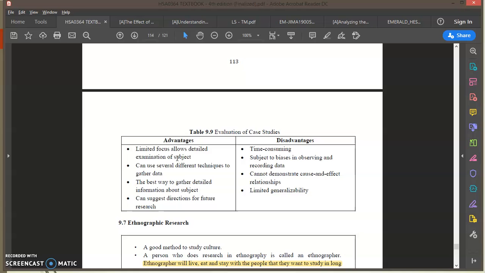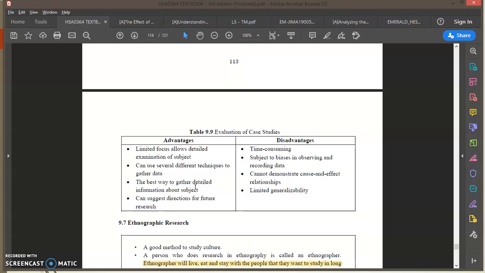And then in the case study, you can use several different techniques to gather the data. You can use interviews, collect empirical data, conduct surveys, and use a lot of methods to gather data. You can also do observations. And it's the best way to gather detailed information about a subject.